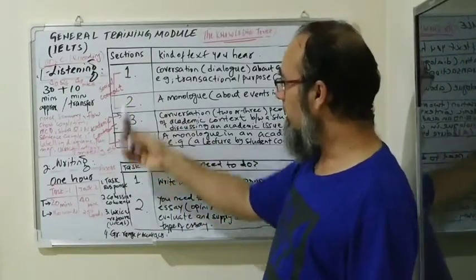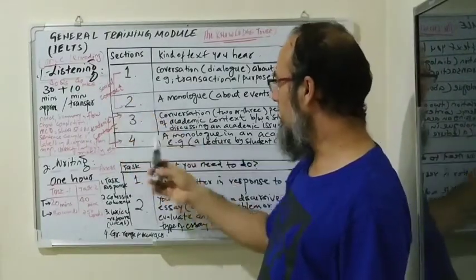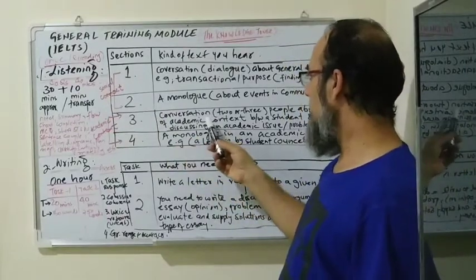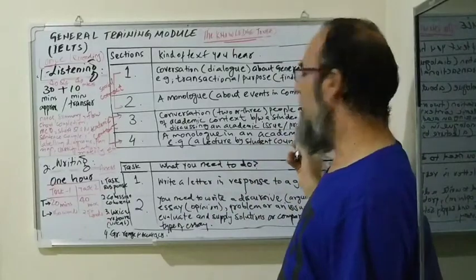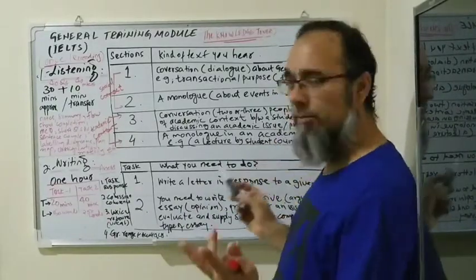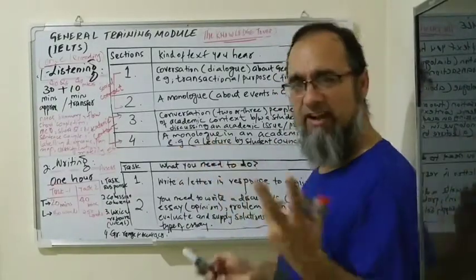Section number 3 of listening will be based on a conversation. This conversation will be among 2 to 3 people who will be talking about a topic in an academic context.